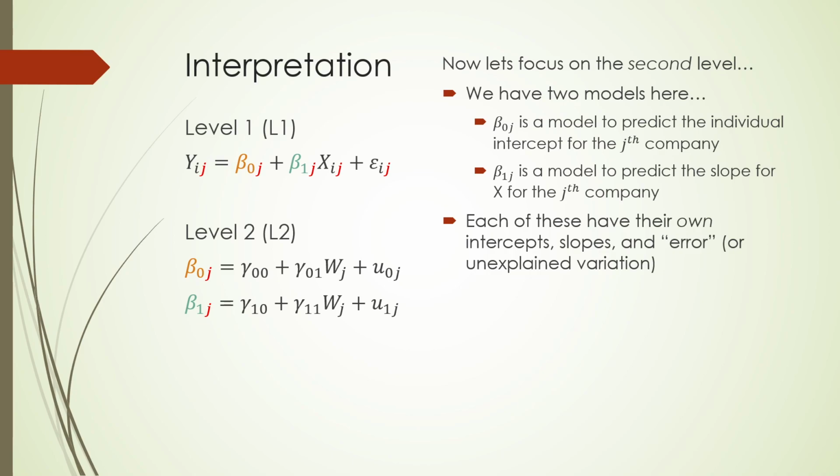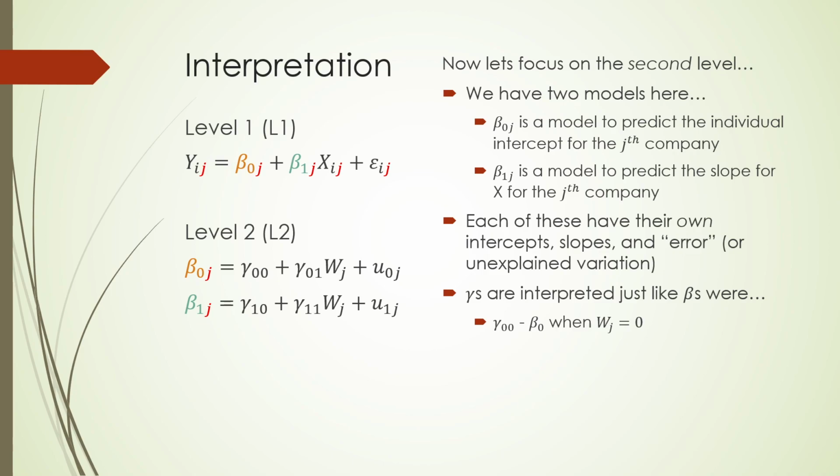Note that each of these has its own intercept, slope, and unexplained variation. So the gammas are interpreted just like the betas are. Gamma sub 0,0, let's look at just that first equation for now, is the beta 0 value when w sub j equals 0. This sounds rather complex, but let's interpret it in the context. We have y sub ij being our salary. We have x sub ij being our skill level. We have w sub j, the company level independent variable, being a private versus public company.